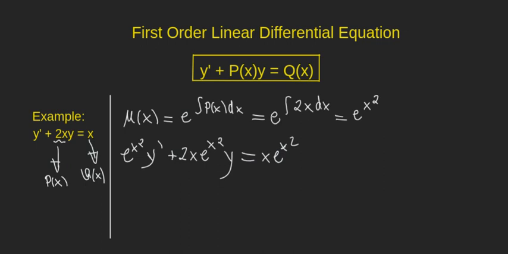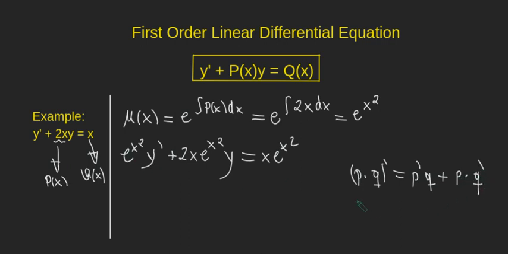Now let me resize, after, to gain more space here. What I'm about to show you is that on the left side you have a product rule. Let's remember the product rule: the derivative of a product is the derivative of the first function times the second plus the first function times the derivative of the second.